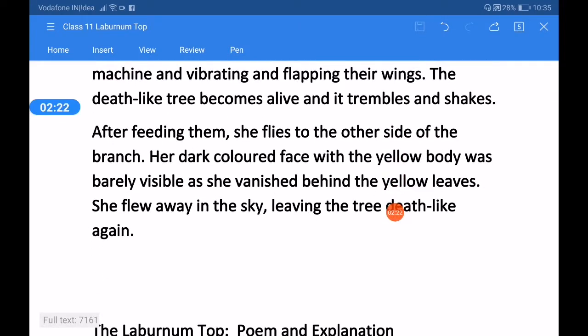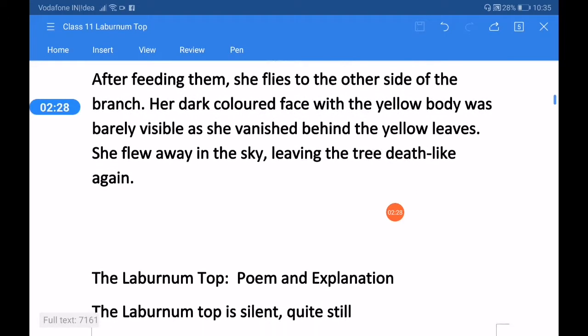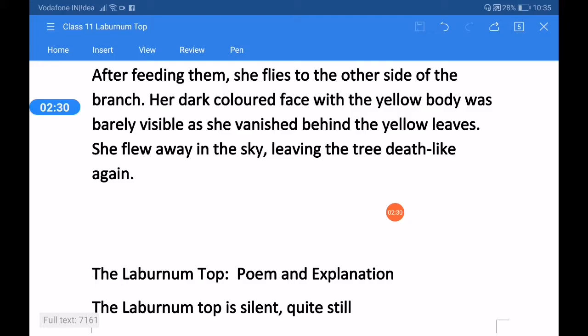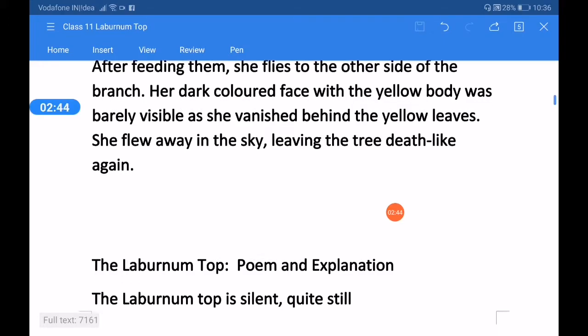The death-like tree becomes alive and it trembles and shakes. After feeding them, she flies to the other side of the branch. Her dark colored face with the yellow body was barely visible. As she vanished behind the yellow leaves, she flew away in the sky, leaving the tree death-like again.